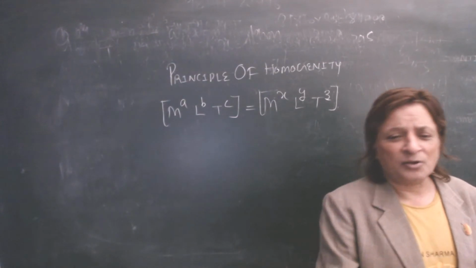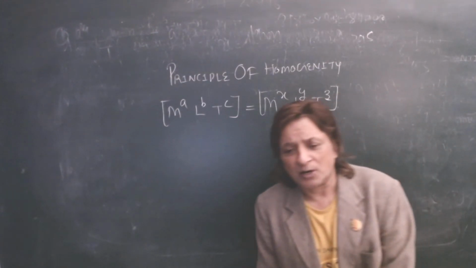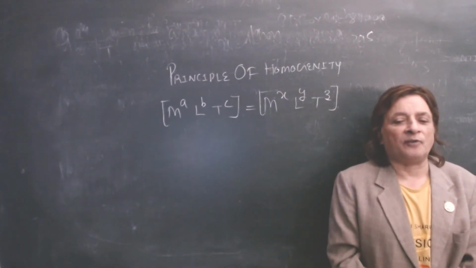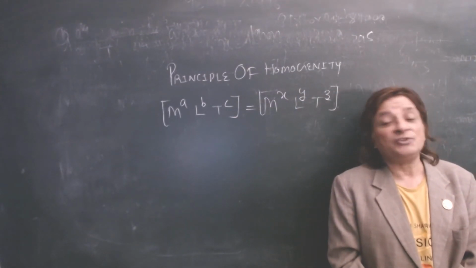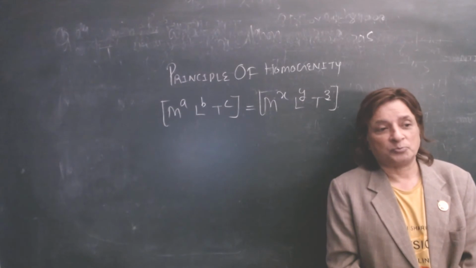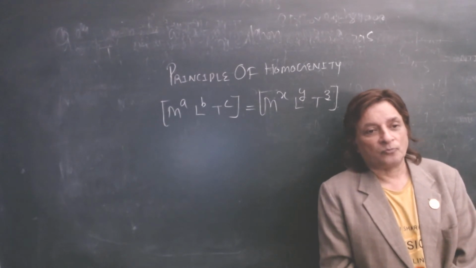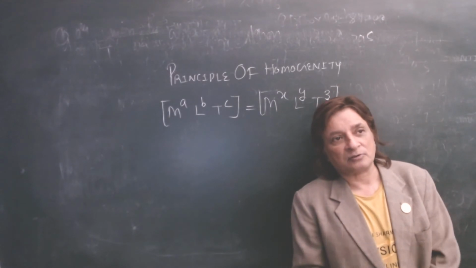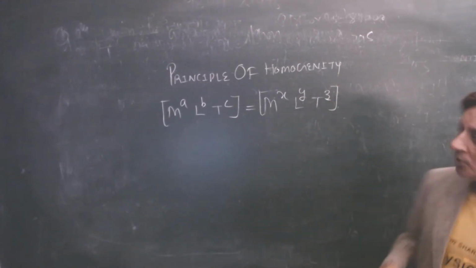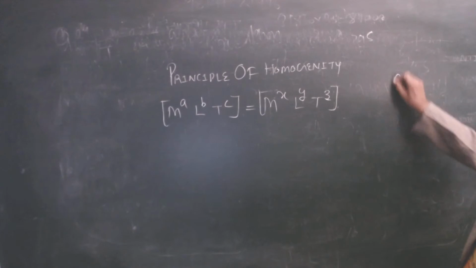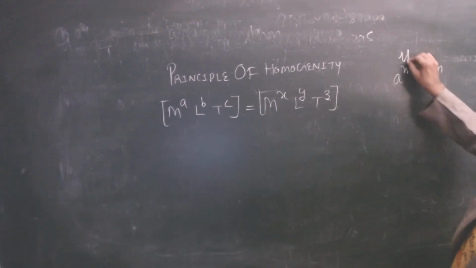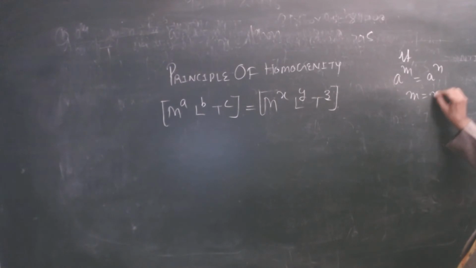Basically, this principle of homogeneity matches with the concept of indices in mathematics. When you study mathematics in lower classes, you might come across this concept: if a to the m is equal to a to the n, then m is equal to n.